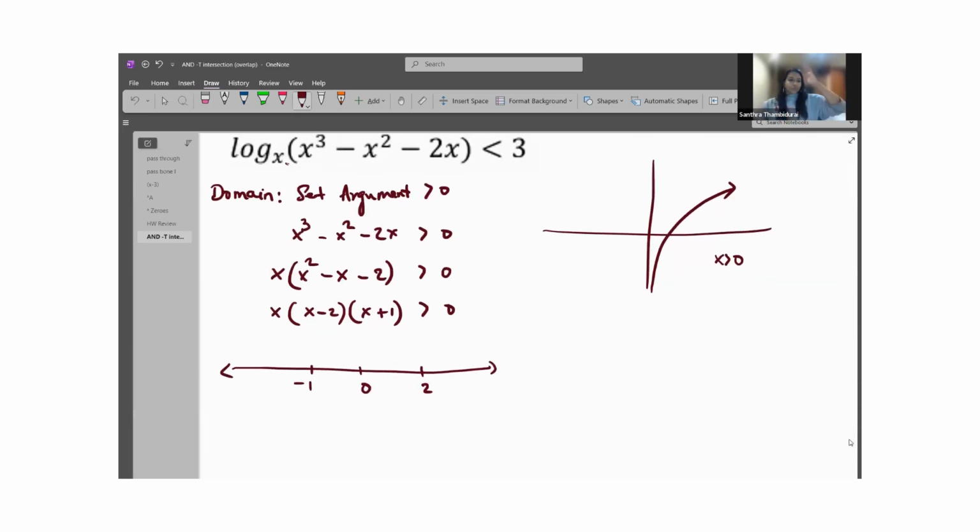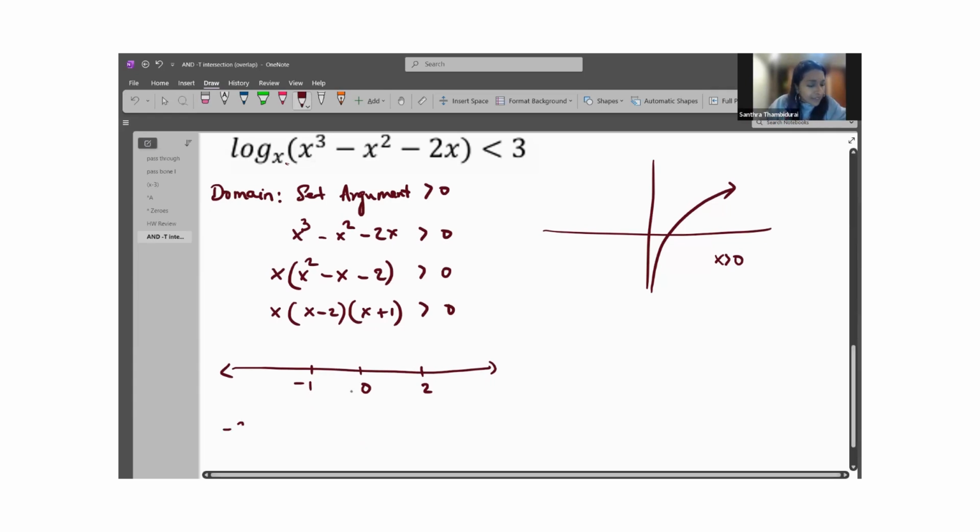So now you need to do a sign test here, okay? There are a couple ways you can do this problem, but I'm going to check first with a number to the left of -1. So if I'm plugging in a number to the left of -1, let's say -2, this is going to be a negative.